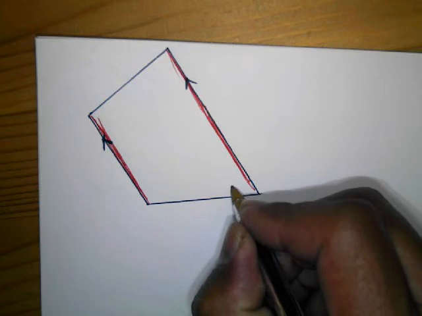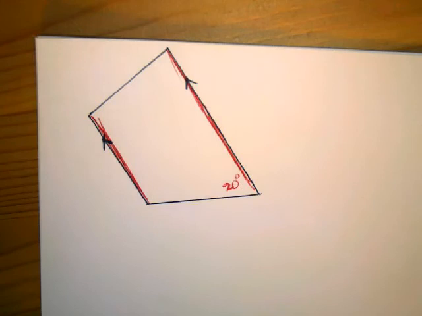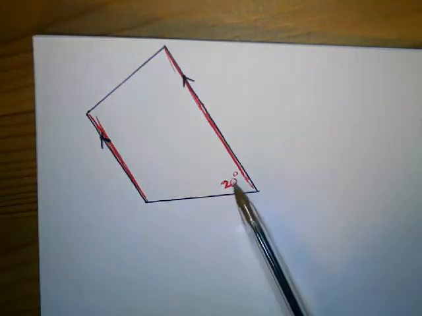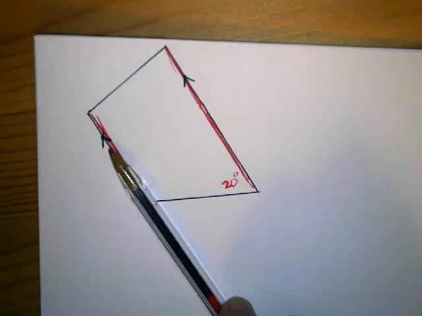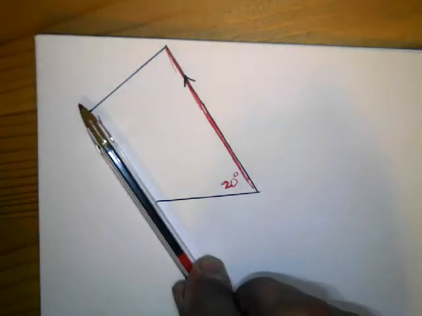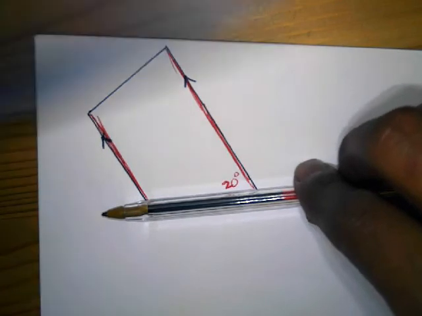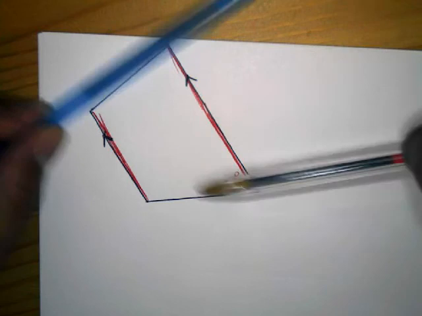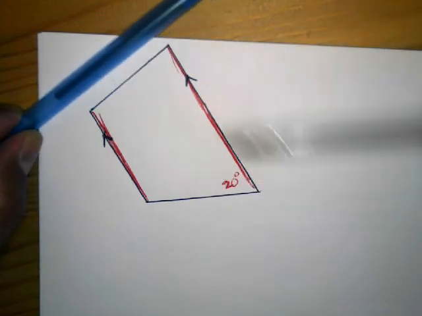So if they tell you that this one's 20 degrees right there, which are the two that add up to 180? 20 with this one here, kind of like this parallel line to this parallel line, or is it 20 to this one that's crooked, that's not parallel?